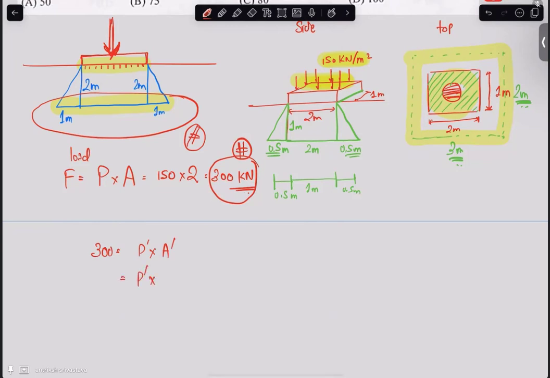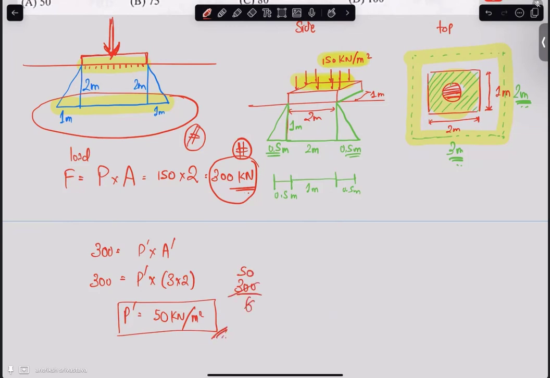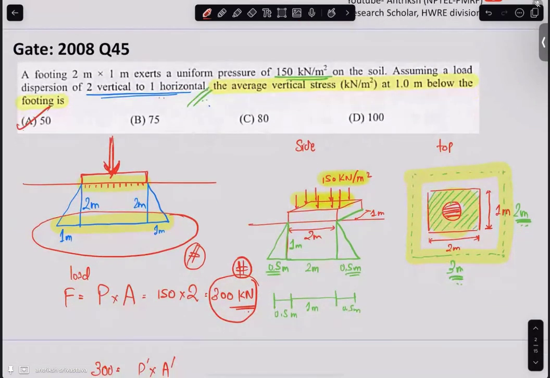What is A dash? A dash is nothing but 3 into 2. And so P dash is 50 kilonewton per meter square, right? Because it is 300 by 6. So that is the answer to this question. Option A.